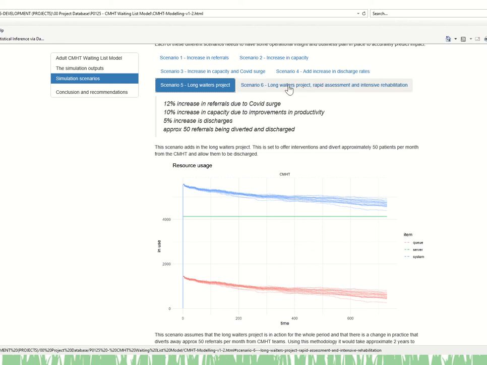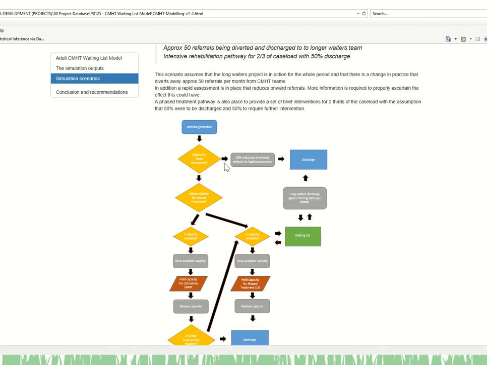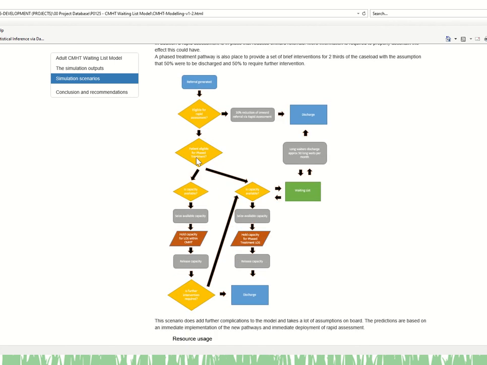And then there was a very final, complete new pathway for patients. So hopefully you can see that, where there was a complete additional rapid reassessment where 30% of patients would go into this rapid assessment and be instantly discharged from that.